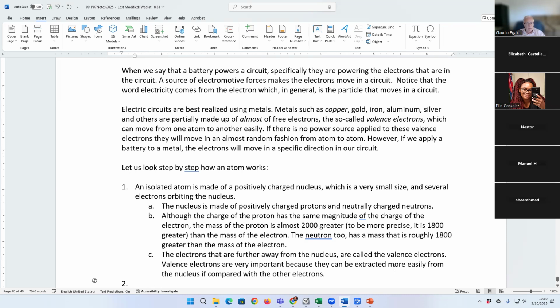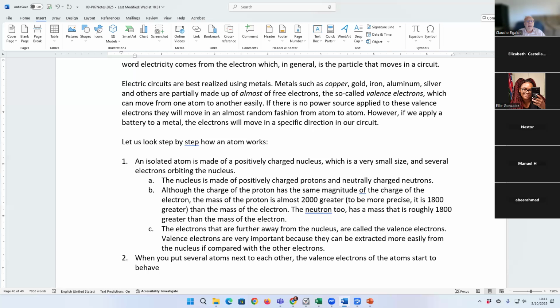Now, that's for an isolated atom, okay? When you put several atoms next to each other, the valence electrons of the atoms start to behave slightly different.